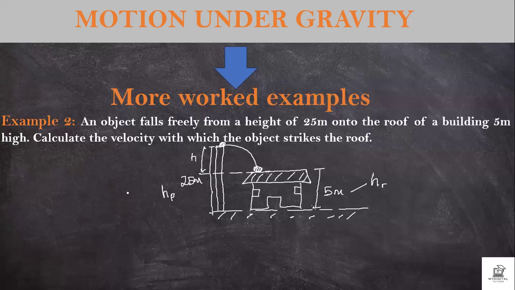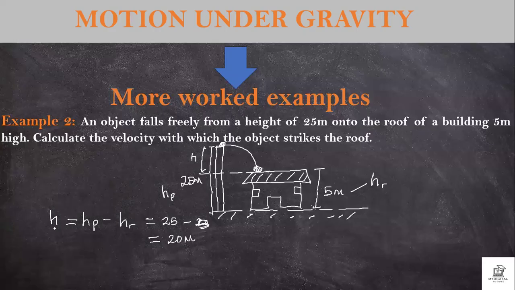So the H we'll be using in our formula is equal to height of the platform minus height of the roof. That will be 25 minus 5, which gives us 20 meters. So that is our height.